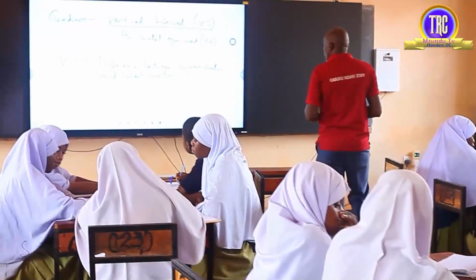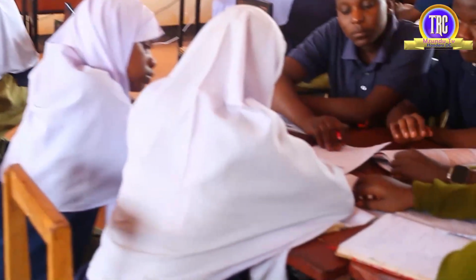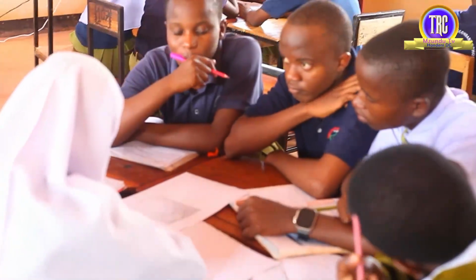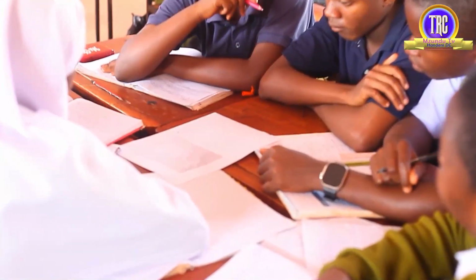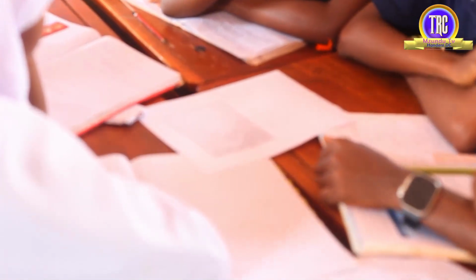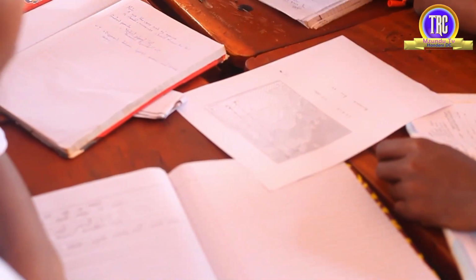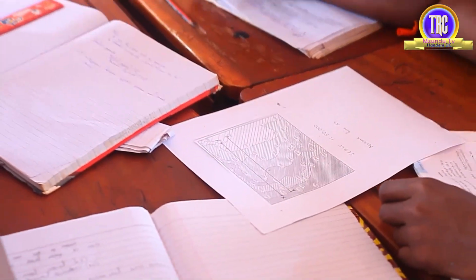Okay. Now look closely at that map. Every group has this map. Observe line XY. Have you seen line XY? Now from there you may identify the highest contour.